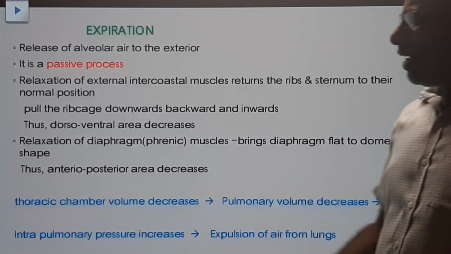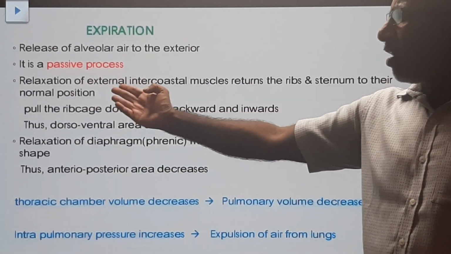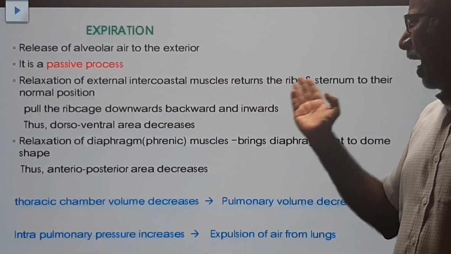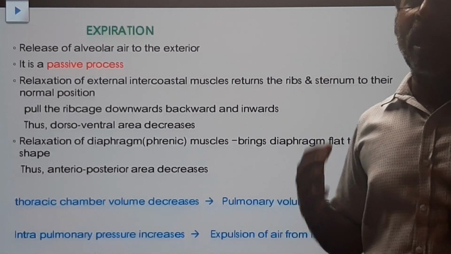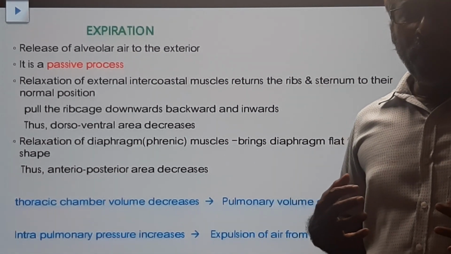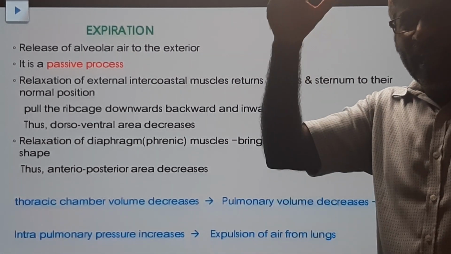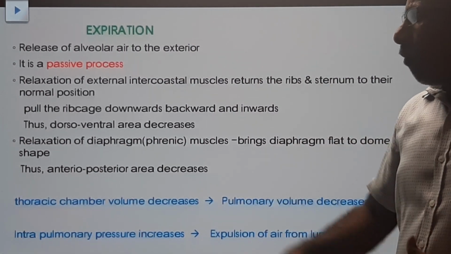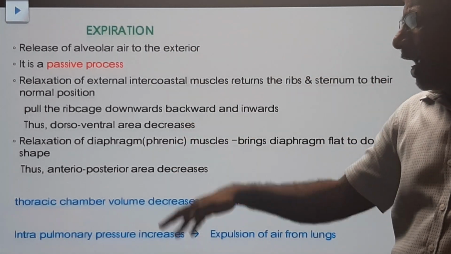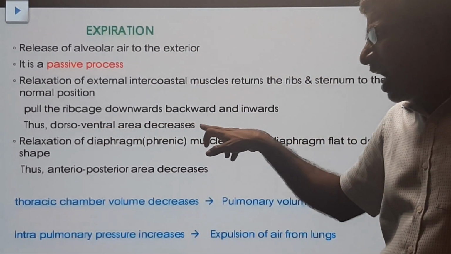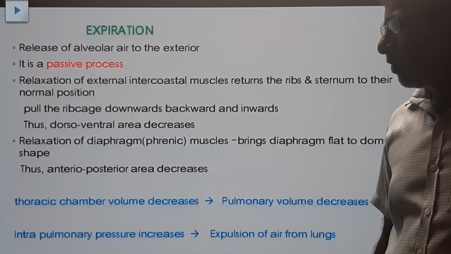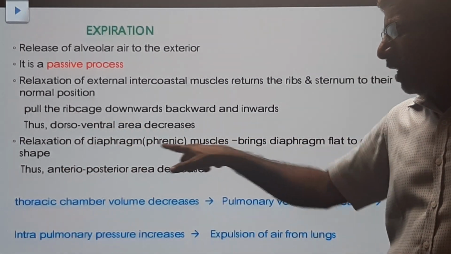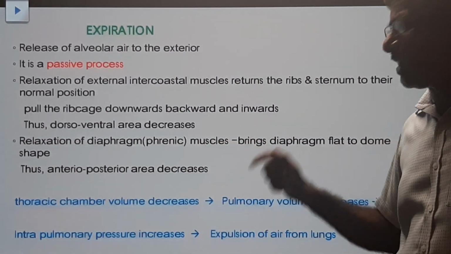Here, due to the relaxation of the external intercostal muscles, the ribs and sternum come to the normal position, meaning they move downward. So when the rib cage moves downward, the dorsoventral area decreases. The second muscles, the diaphragm or phrenic muscles, get relaxed.